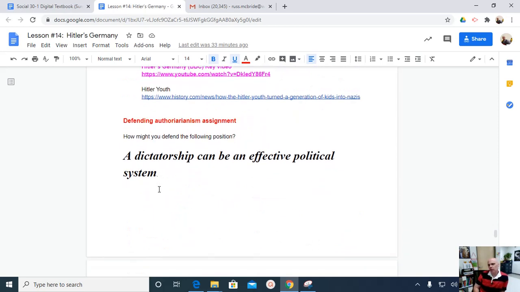One thing to consider is that on an essay, in order to really explore the division of society and the complexity of these issues, we must understand that there will be people that explore this position: a dictatorship can be effective. When we studied the USSR, we saw that under Joseph Stalin, the Soviet Union was transformed. And there were great economic successes that one could use as evidence to continue this argumentation.